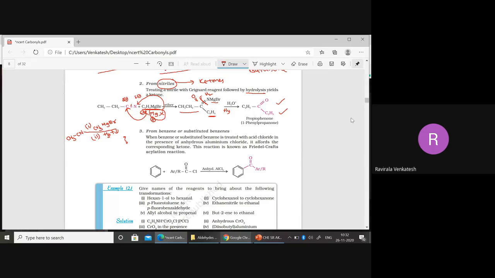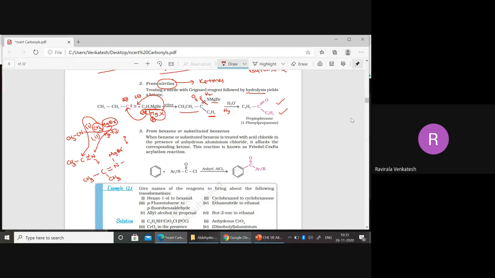Follow the mechanism. I'm writing the mechanism: CH3, C triple bond N. This part is the R group, which will come on the carbon side, and the remaining part will come on the nitrogen side. Now remove one pi bond. What we get is CH3, C double bond N, this part gets CH3, and this part gets MgBr.